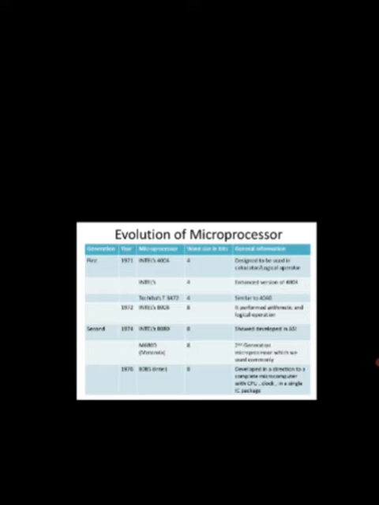Now we will see the second generation. The second generation was the 8-bit microprocessor. The first generation was the 4-bit microprocessor, and the second generation's first microprocessor was developed in the year 1974. It was Intel's 8080, and the 6800 from Motorola was introduced, then the Z80 and the 8085 from Intel. So these microprocessors were 8-bit microprocessors.